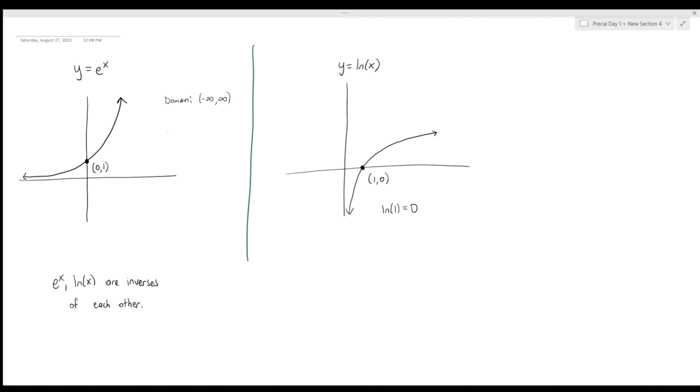We haven't talked about it today, but I imagine you guys probably know what the range refers to. What is the range of e to the x? Based off its graph, what would you say the range is?